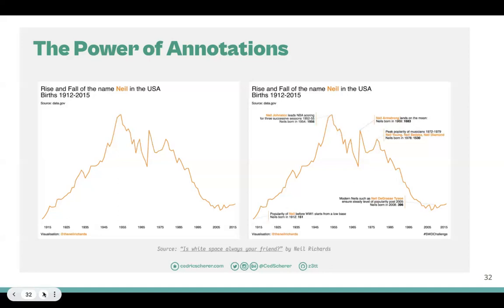The other big event, the second highest peak, which you see in the 1960s, that's Neil Armstrong. That was a big moment, right? When Neil Armstrong landed on the moon, the first man to land on the moon. The third peak, which you see in the 70s, is musicians: Neil Young, Neil Sedaka, Neil Diamond.